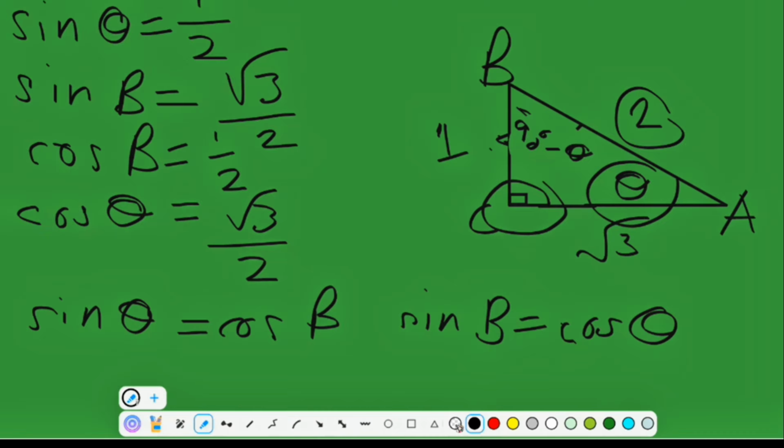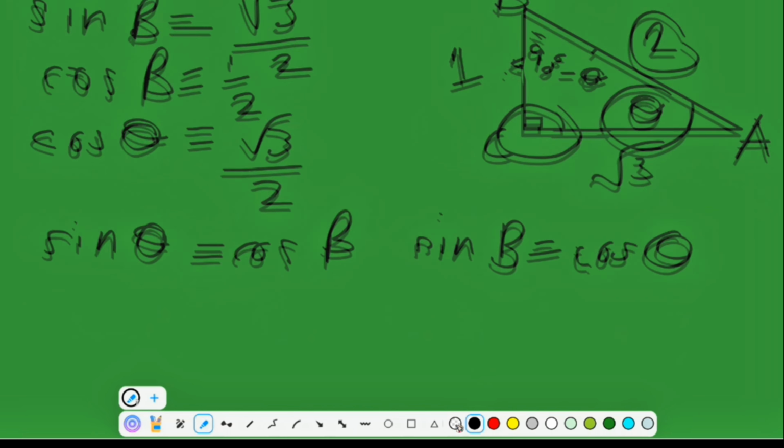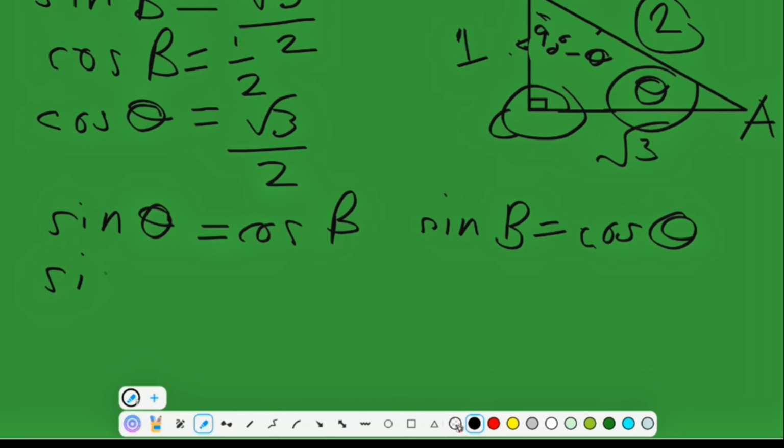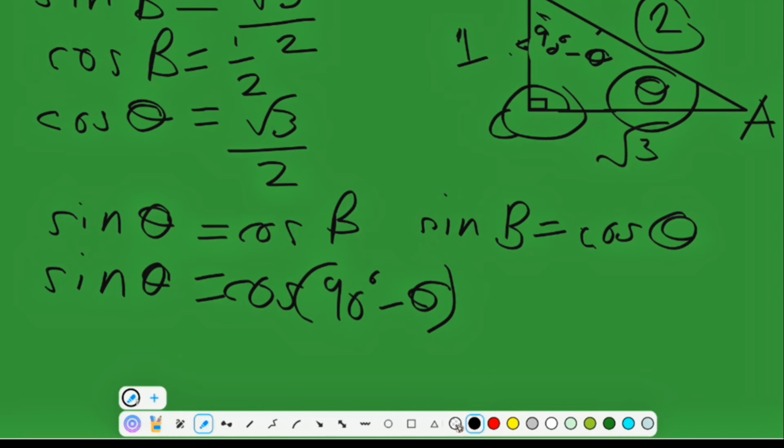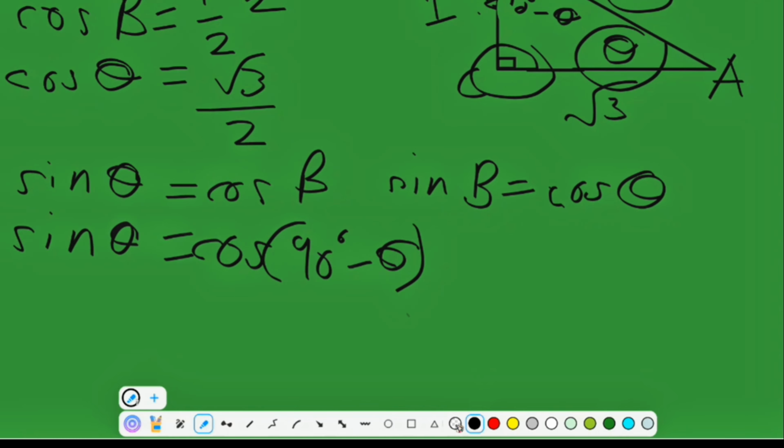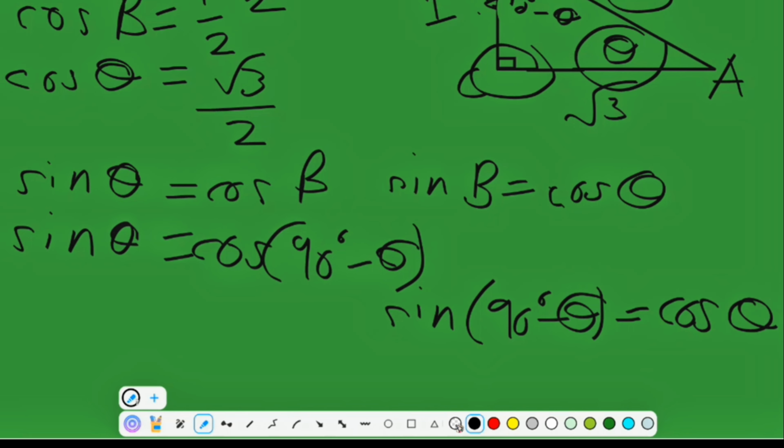So we can definitely see that sine theta is equal to cos 90 degrees minus theta. And sine 90 degrees minus theta is equal to cos theta. This right here is called co-ratio or co-functions.